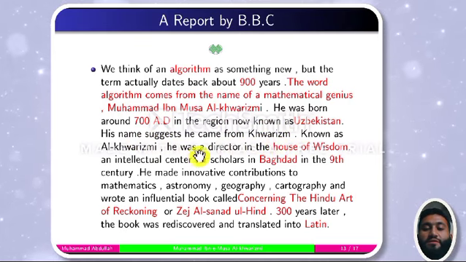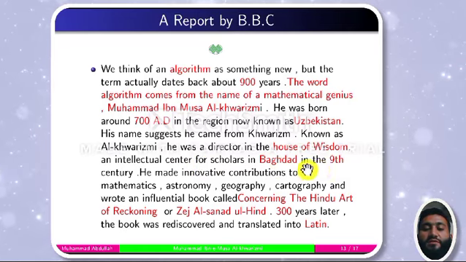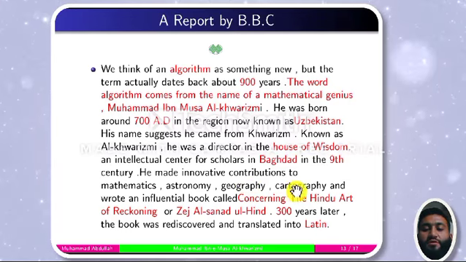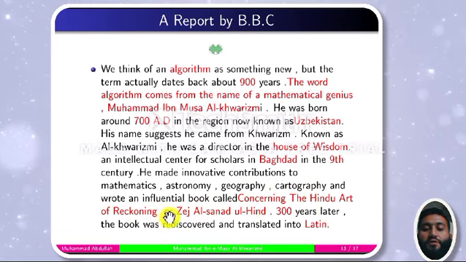Known as Al-Khwarizmi, he was a director in the House of Wisdom, an intellectual center for scholars in Baghdad in the 9th century. He made innovative contributions to mathematics, astronomy, geography, and cartography, and wrote an influential book called Concerning the Hindu Art of Reckoning.